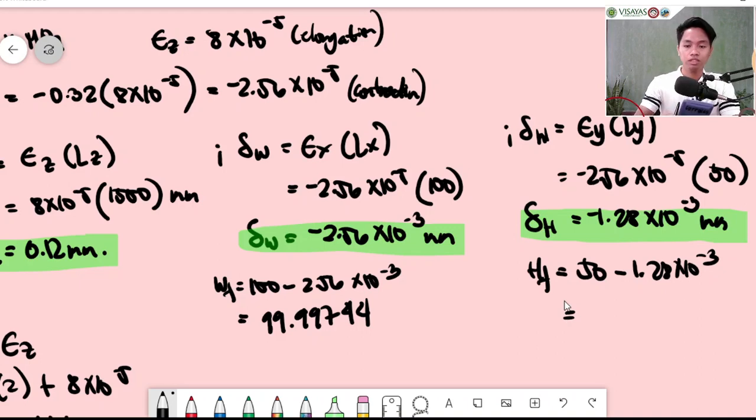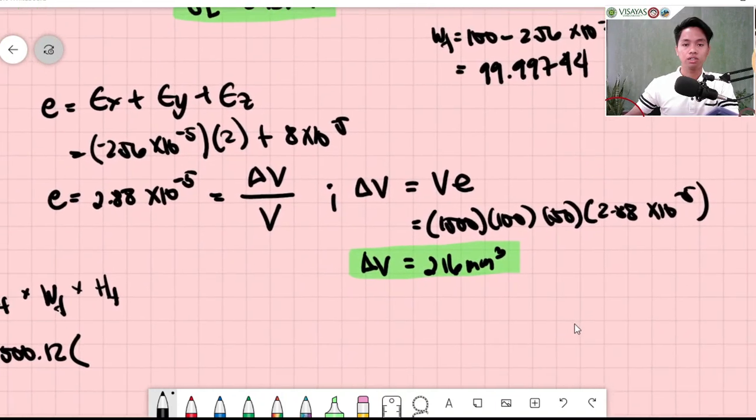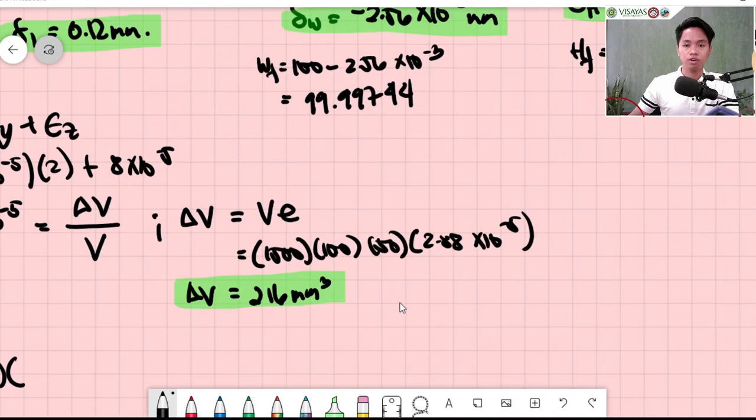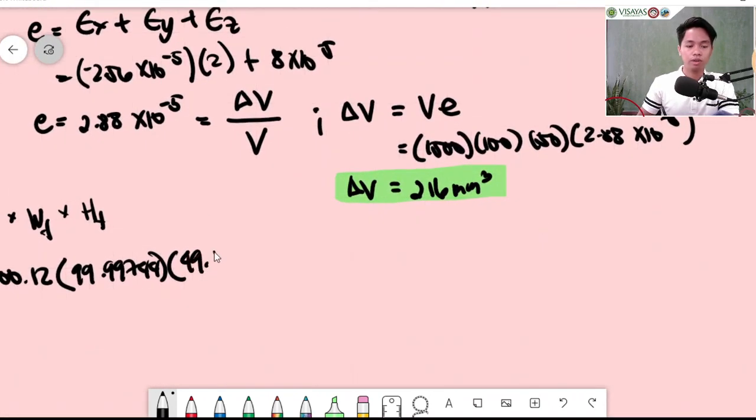So you don't have to do this gida. Ako lang siya ipakita ninyo nga mo nang ato ang volumetric strain. So that would be 49.99872. So therefore we have here your 99.99744 multiplied by your height, which is 49.99872.